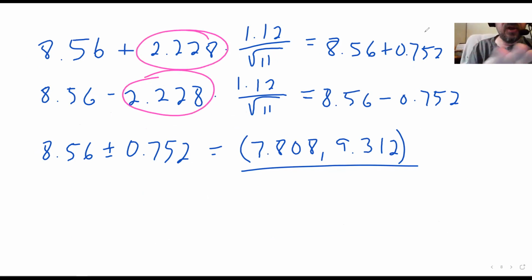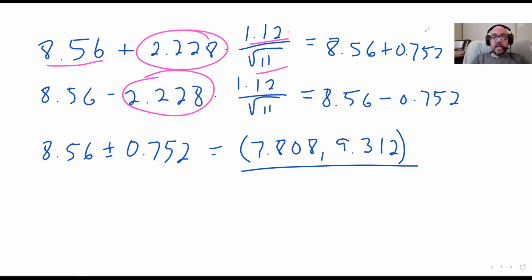Everything else is the same. Notice that the 8.56 was from the sample, right? That's not going to change depending on what size confidence interval you're making. Same thing for this and this, right? Those are all inherent to the sample. The only thing that changes is how many standard errors you're going to go on either side of the mean in order to capture more or less data.